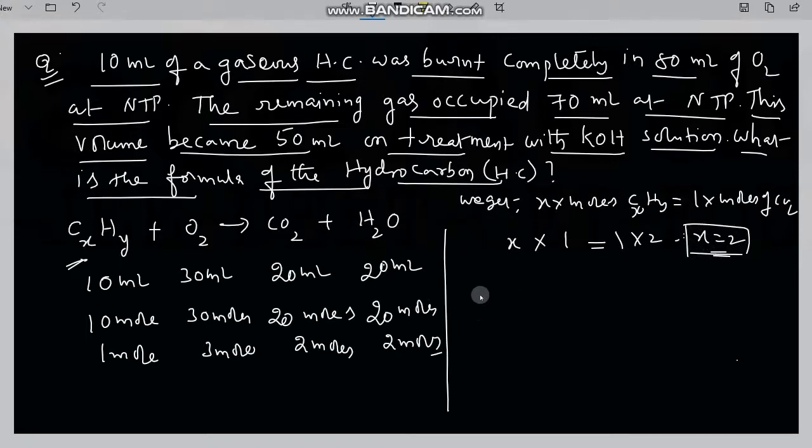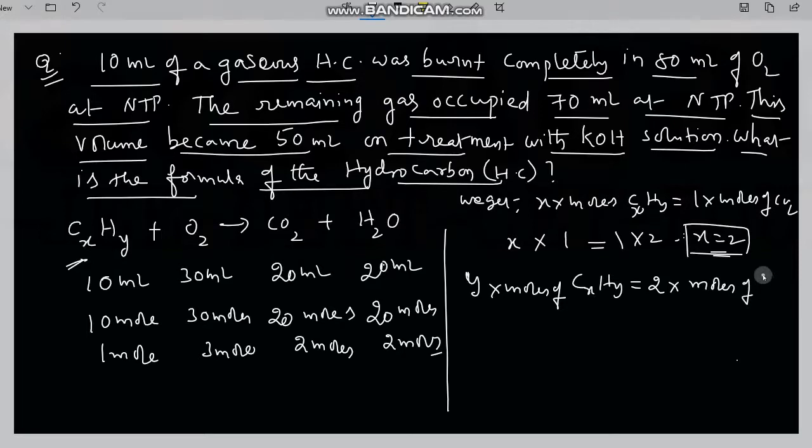In the same fashion, if we apply this for hydrogens, then we can also get Y into moles of hydrocarbon, that is CxHy, is equal to 2 into moles of water.